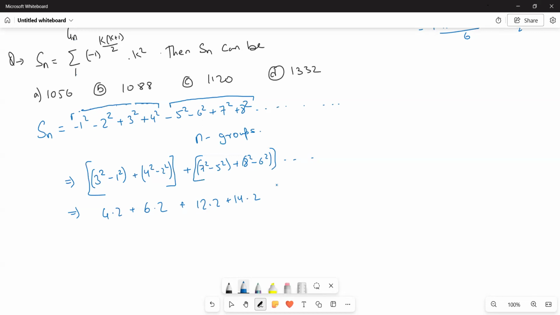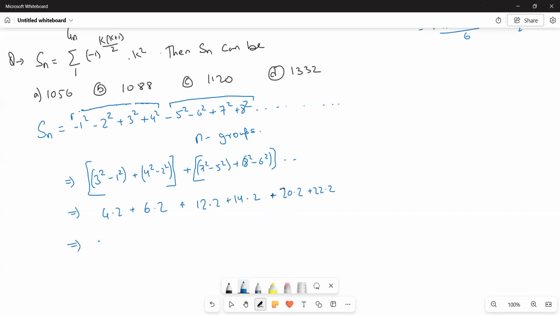What did we have in the next set? 11 square minus 9 square आएगा, नहीं सॉरी, 11 minus 9 आएगा ना. नेक्स्ट सेट होगा 9 10 11 12 का, तो 11 और 9 पेयर होगा, तो that will give us 20 into 2, 22 into 2, इस तरह का पैटर्न आएगा.